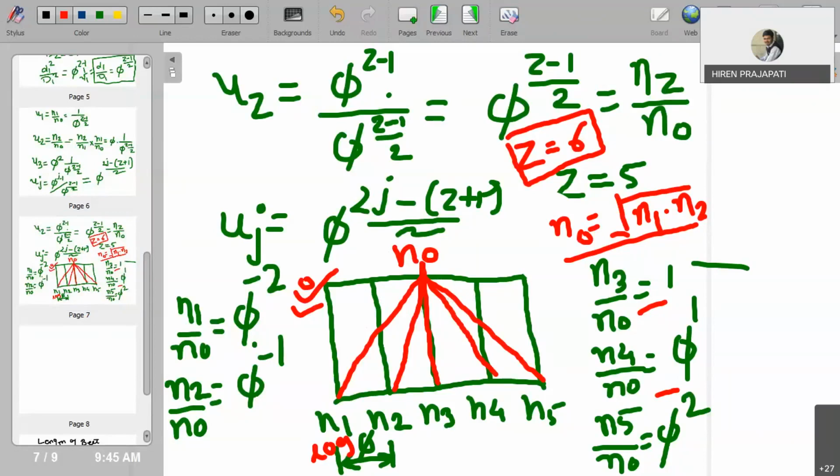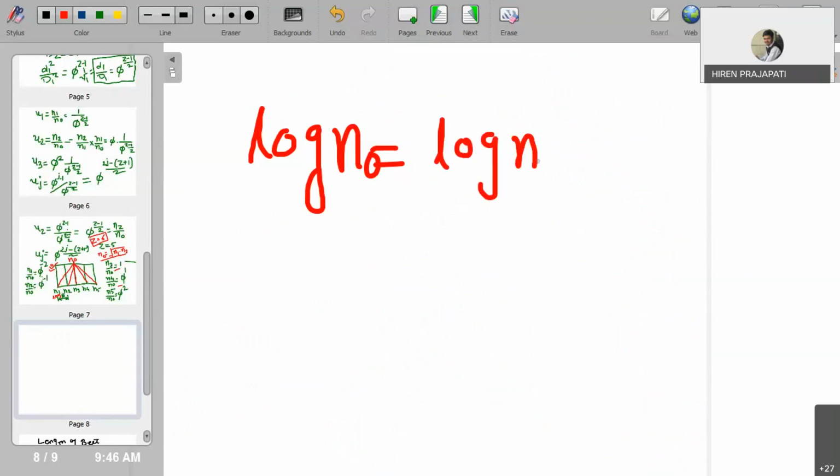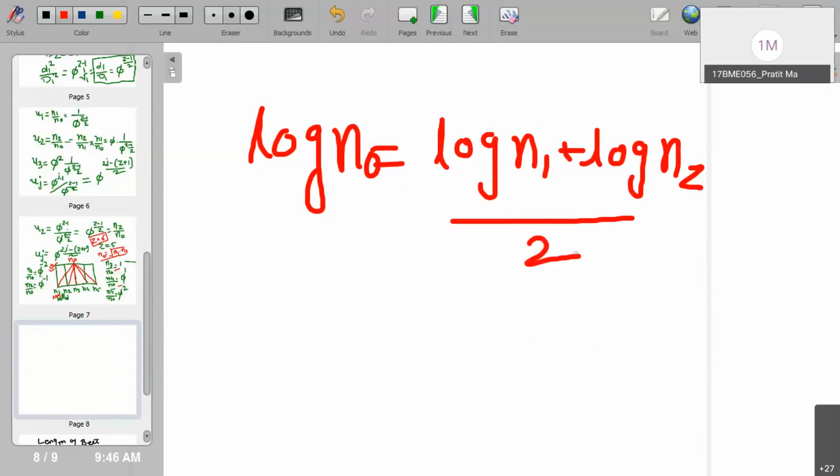So if you do that, then taking log, log n0 is nothing but log n1 plus log nz, suppose you are talking about z number of speeds, divided by 2. Right? So now if you do cross multiplication, then 2 into log n0 is equal to log n1 plus log nz.